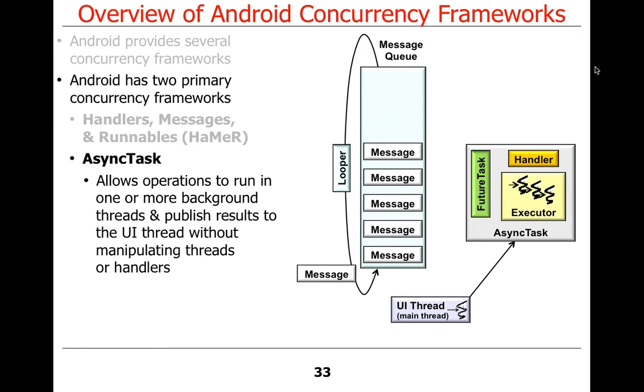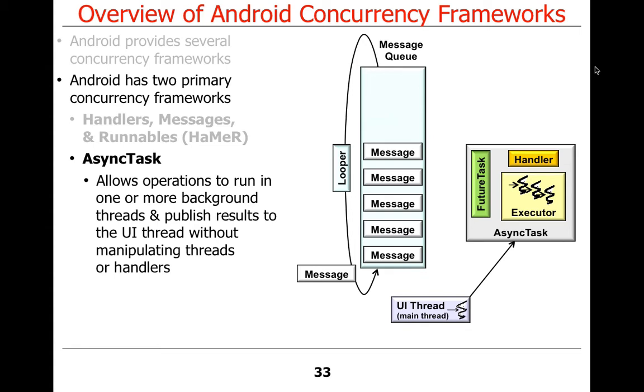The second abstraction, which is much more pre-assembled and more cohesive, is called AsyncTask. This also allows operations to run in the background, in one or more background threads, and it allows the results to be published to the user interface thread either periodically or when everything's finished.